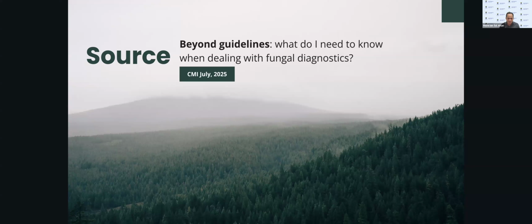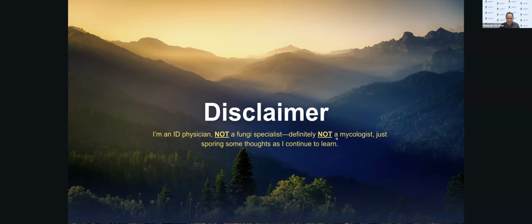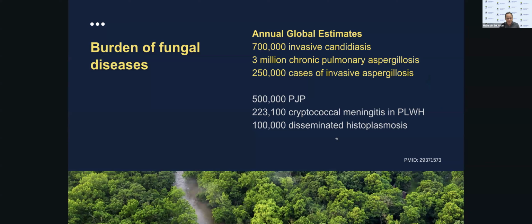But before that, a short disclaimer: I am an ID physician, not a fungal expert. So I'm just sharing some thoughts as I continue to learn in managing IFI. Let's talk about the burden of fungal infection worldwide. This paper, published back in 2017, looked at the burden of fungal diseases in the world.